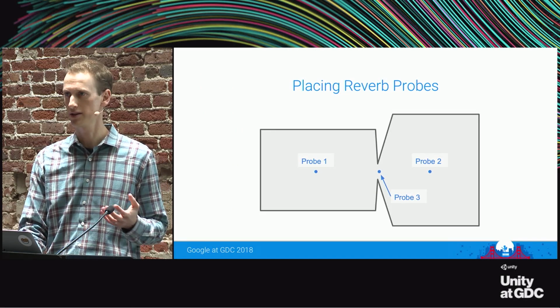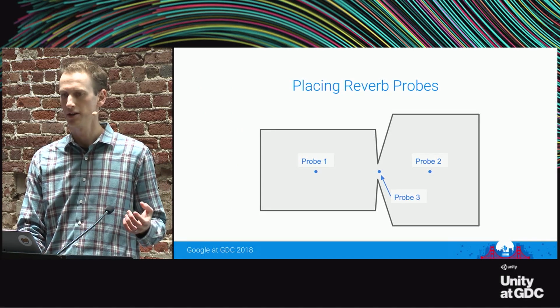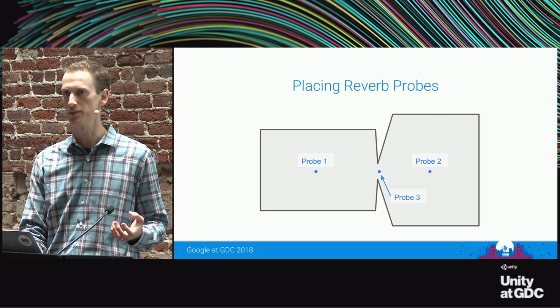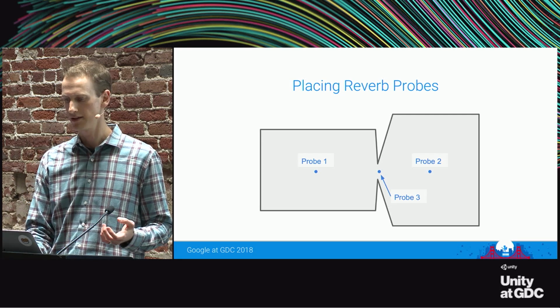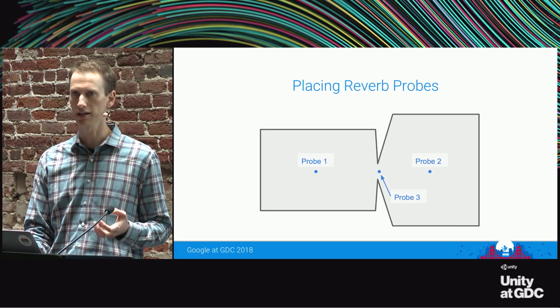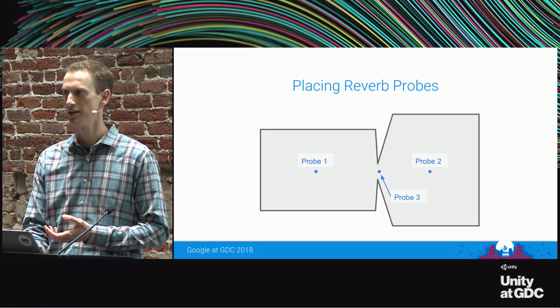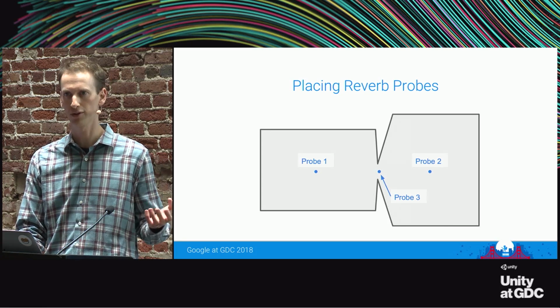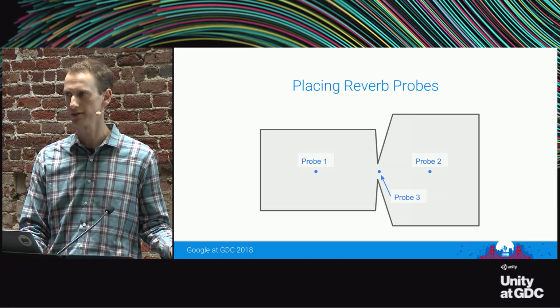So to get started with geometry-based reverb, you need to place what we call reverb probes into your scene. To do this effectively, we recommend placing them in acoustically distinct places within your environment. So here you have probe 1 and probe 2 at the center of two distinct rooms.